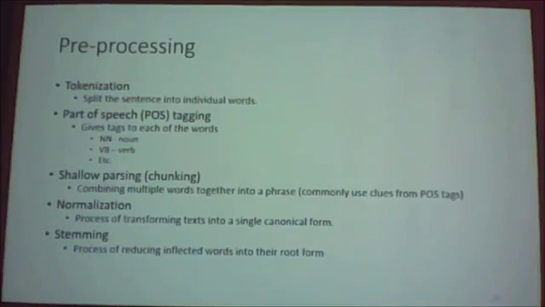Preprocessing steps are crucial for the performance of a named entity recognition system, as they clean up a lot of noise. Depending on one's design, different combinations of preprocessing steps are taken, and these are the common ones. Tokenization splits the sentence into individual words, and it differs from system to system. Some split out the comma, some combine it with the words.